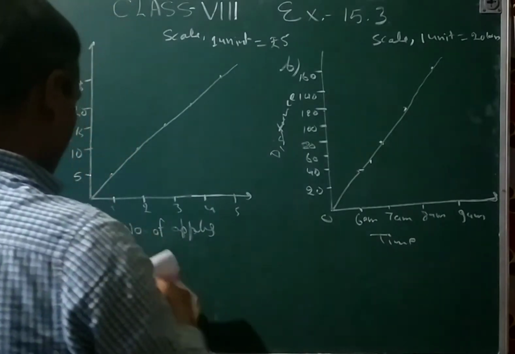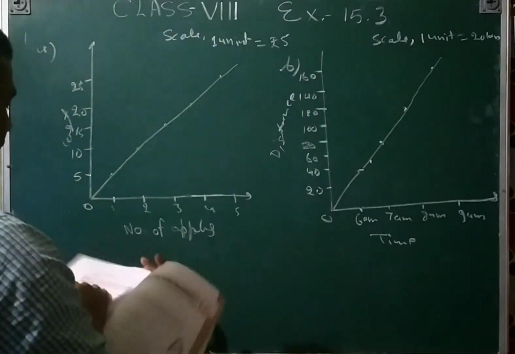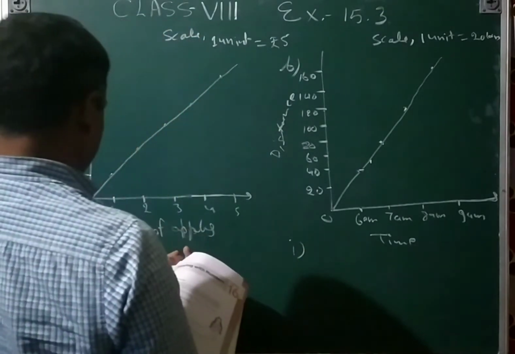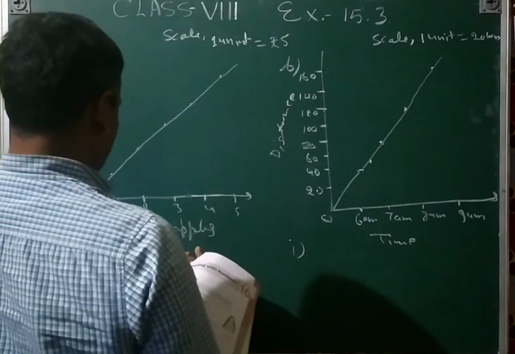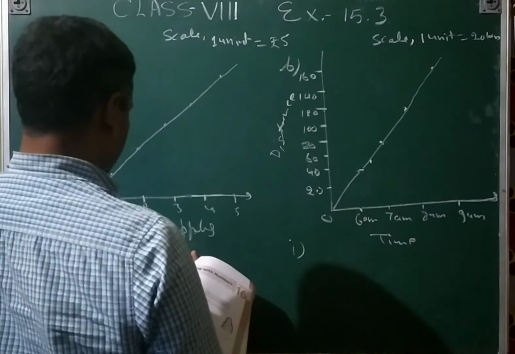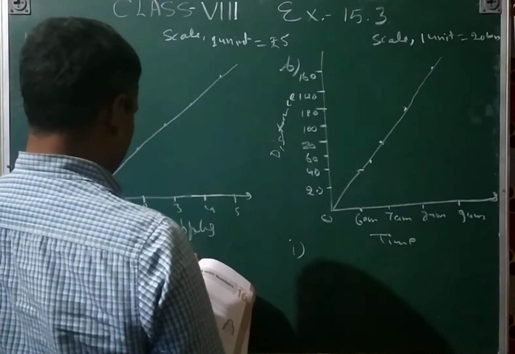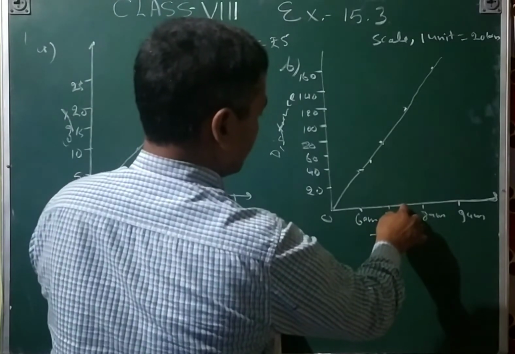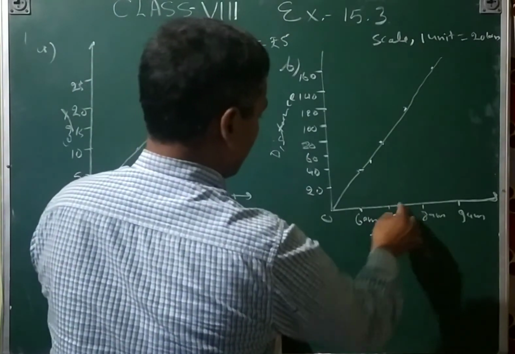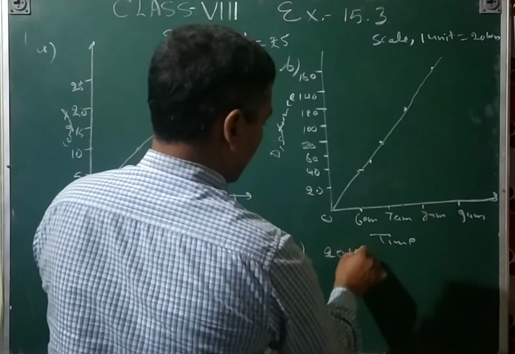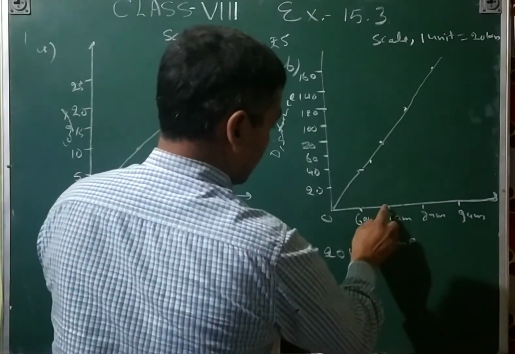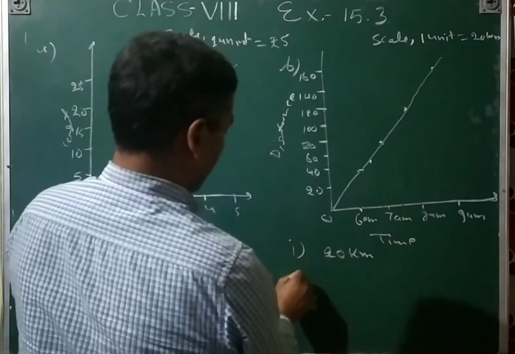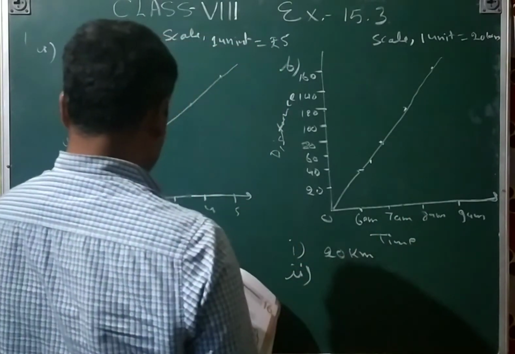And then questions are also here. First part is saying how much distance did the car cover during the period 7:30 to 8 a.m.? That means it will be 20 km. Its traveling distance 7 to 8 is 40, so that is 20 km, half of that one.